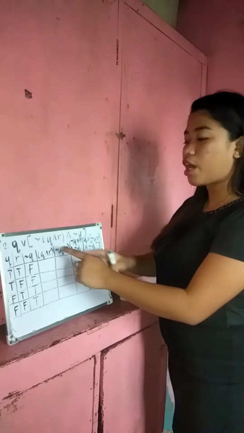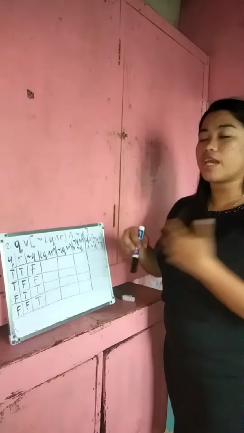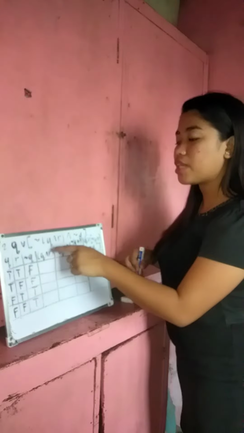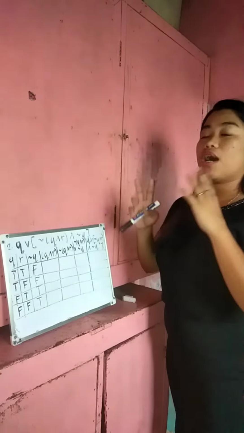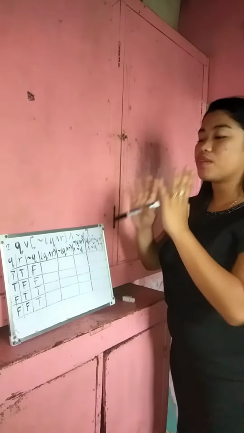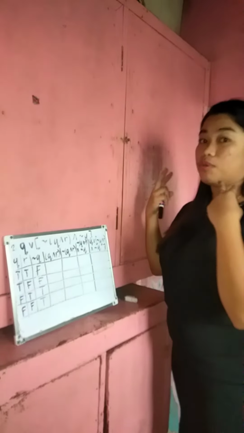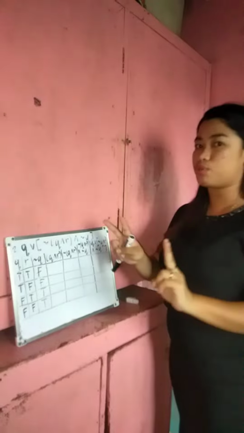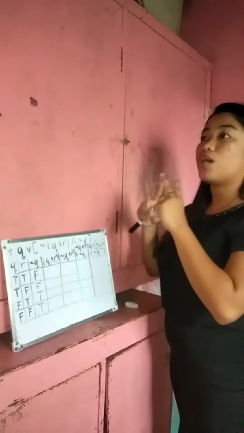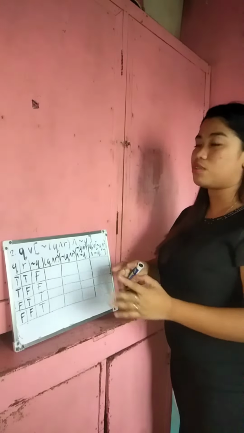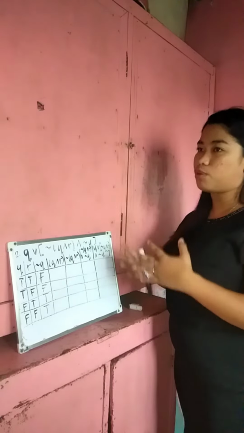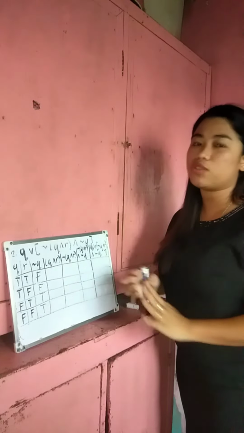Q and R. So when we have the symbol and, we should know that the two statements must both be true. If one statement is false, then the entire statement is false. So both must be true.